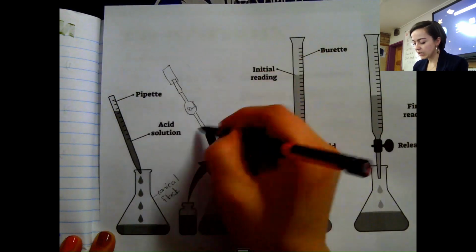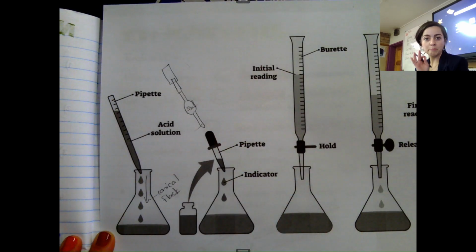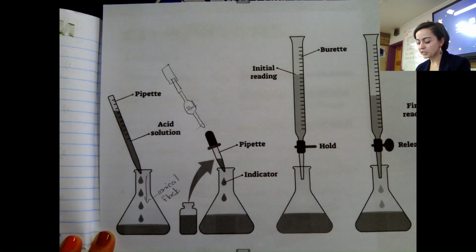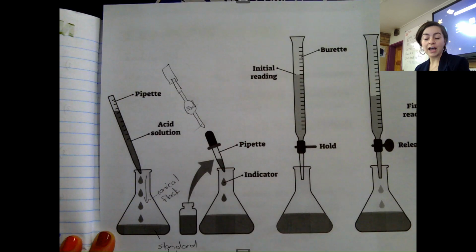So we take this, we put the exact amount, the correct measured volume, inside of our conical flask, all right? And usually this one also, we know the concentration of. So we call this then the standard solution. So what is a standard solution? It's the solution, either the acid or the base, that we know the volume and the concentration of, all right?